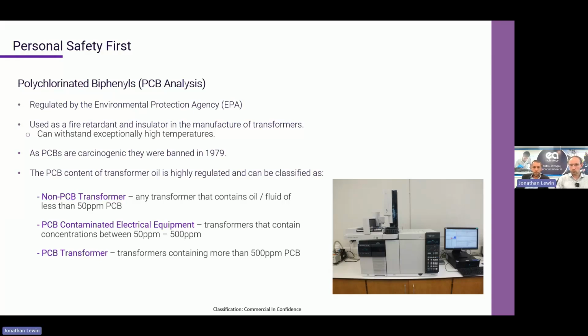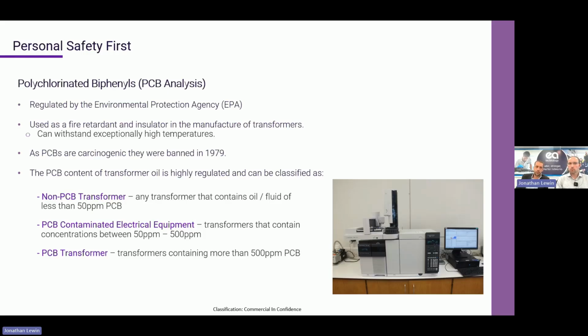As a side note, PCB testing. Polychlorinated biphenyls are a carcinogenic compound which can be present due to contamination in oil, particularly of older assets, pre-1986. Right now, there is a requirement for any asset owners to have any asset with PCB content above 50 parts per million off the network by the end of this year.